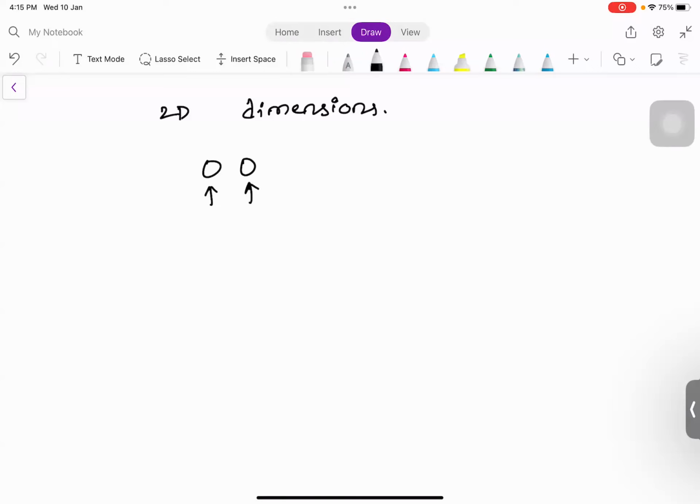Looking at the constraints of the question, the number of rectangles given in input will be in the range of 1 to 100. Each element inside this dimensions array will have two elements, one is length, the other is width.